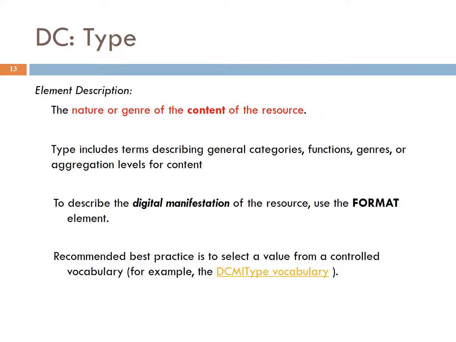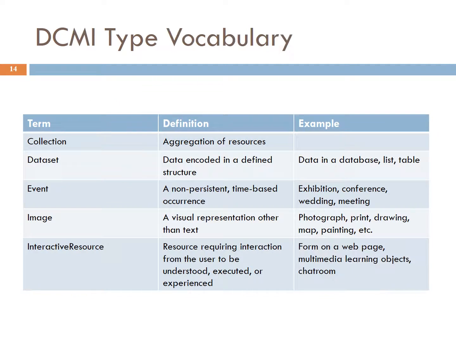Now, you looked last week at the Dublin Core website and you saw some very general but technical information about the creation of Dublin Core. Well, if you go back to that site, you'll see that there are links there to this type vocabulary. So here are the terms that are used in the DCMI type vocabulary.